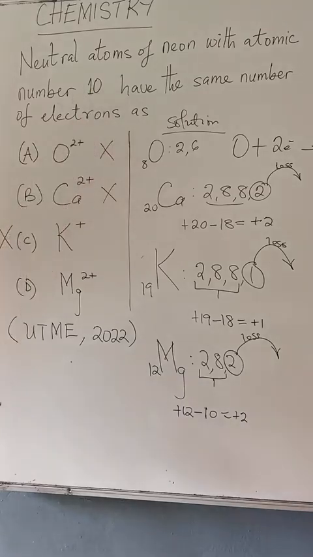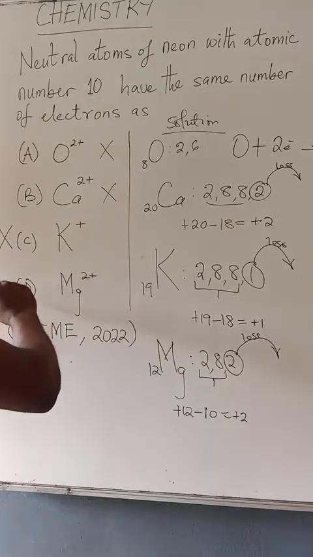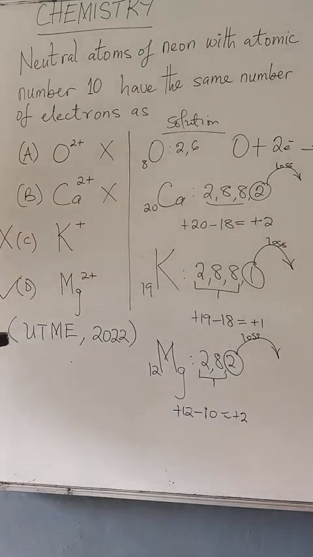From this problem on the board it is 10. Therefore, option D is the right option that we're looking for. Each magnesium ion has 10 electrons, the same as each neutral atom of neon. Do you understand? And so option D becomes the right option that you are expected to pick. That becomes the right option, and we have selected it.